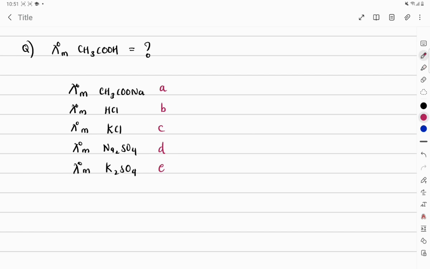Since there are many ions involved here, almost 10 ions, we need to cancel out everything and finally get only 2 ions.